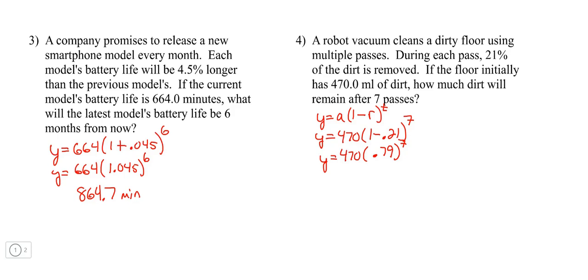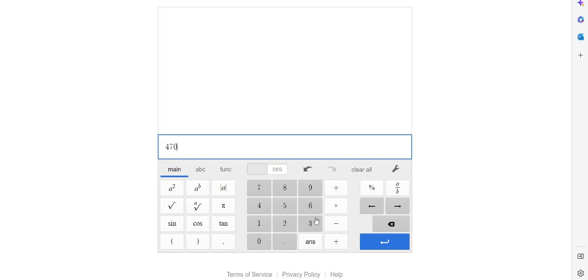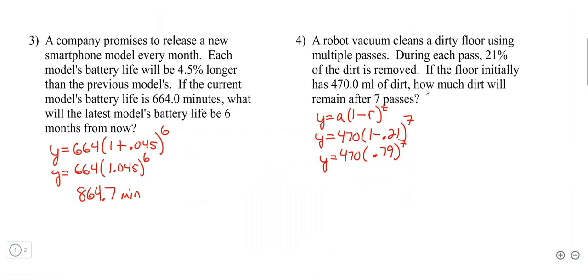And now all we need to do is punch this into our calculator. 470 times 0.79 to the 7th power. And we get 90.258372223. And if we round to the nearest tenth, that's going to be 90.3. So after the 7th pass, there will be 90.3 milliliters of dirt remaining.